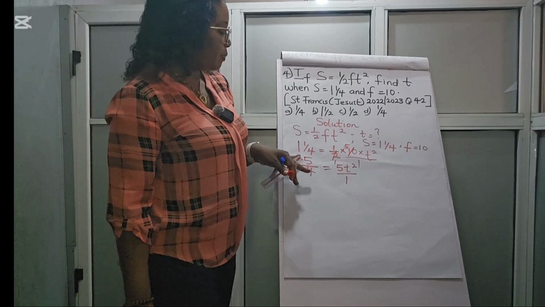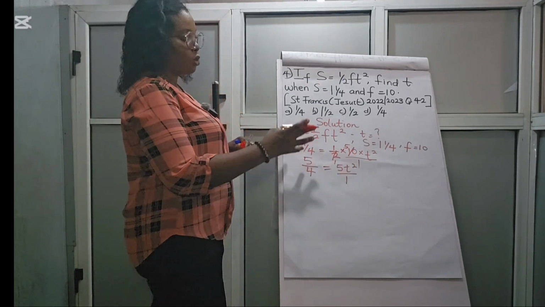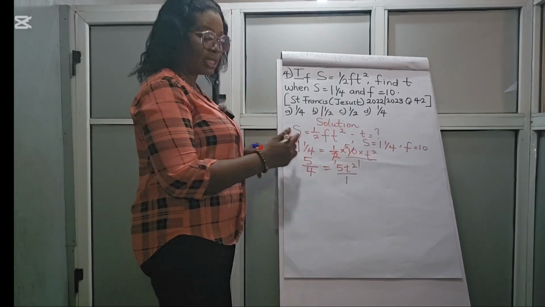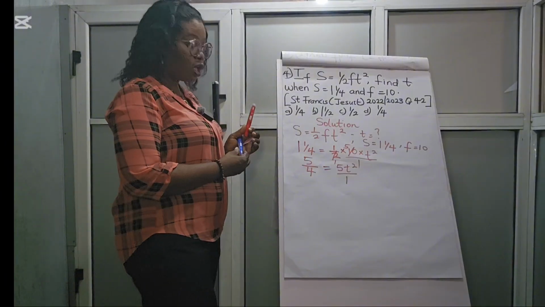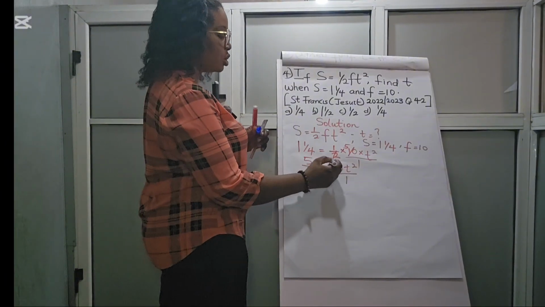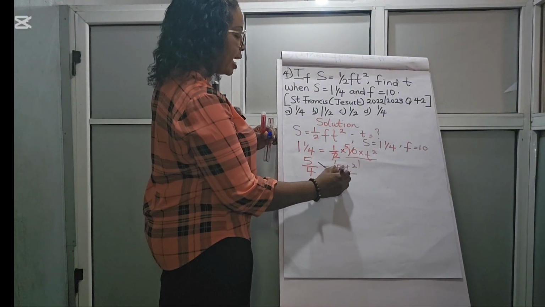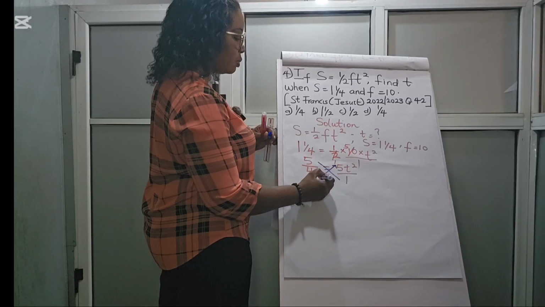This has become two fractions facing each other with an equality sign. The only way we can solve this in algebra is to do what? Cross multiply. We cross multiply.